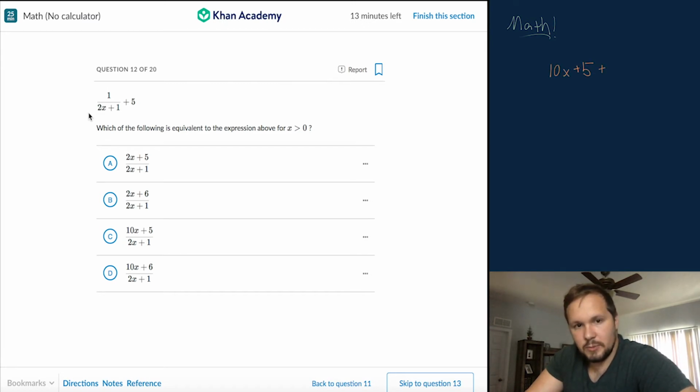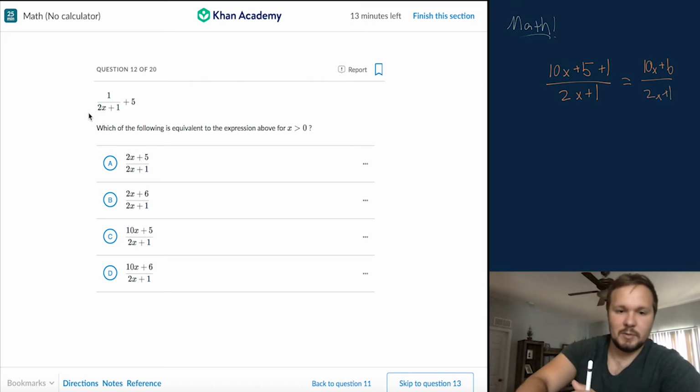So 5 times 2x plus 1 is 10x plus 5. And then we just add 1 from the other fraction that we're already given, all over 2x plus 1. And so all that we're doing is 10x plus 5 plus 1, so that's 10x plus 6, right?